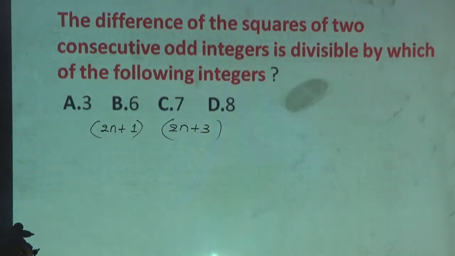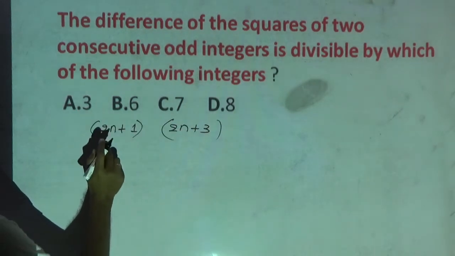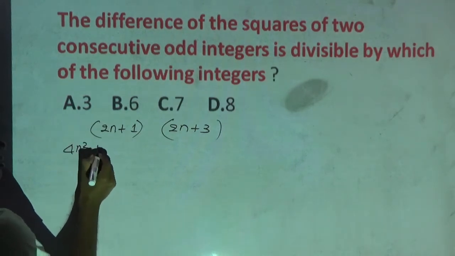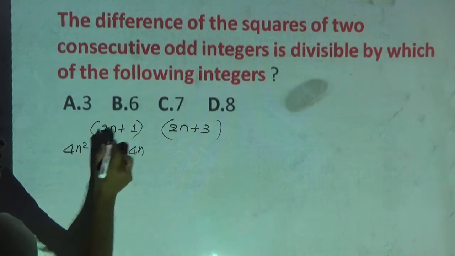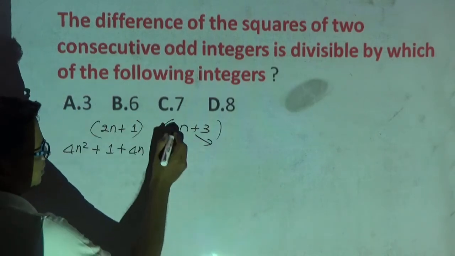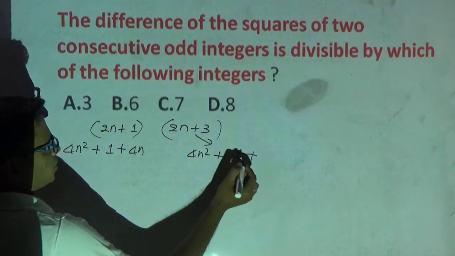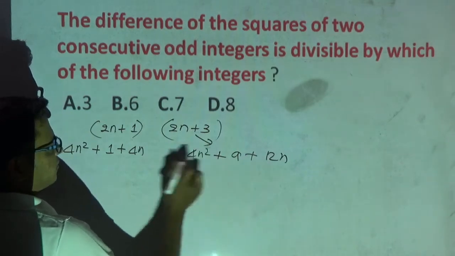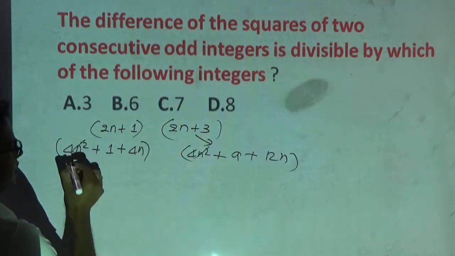Now, for the difference of the squares of the consecutive numbers, first we will find the squares. Using the a plus b whole square formula, a square plus b square plus 2ab: 4n square, then b square 9 plus 2ab, 2 times 3 is 6, 6 times 2 is 12, 12n. Now I need to find the difference of these two. 4n square will cancel.